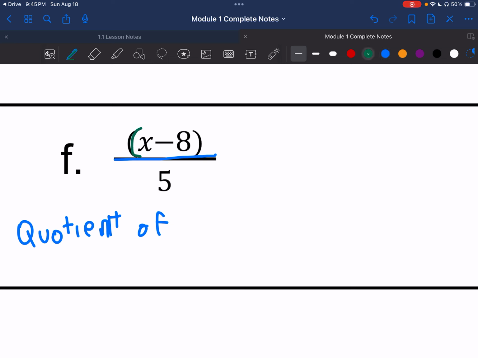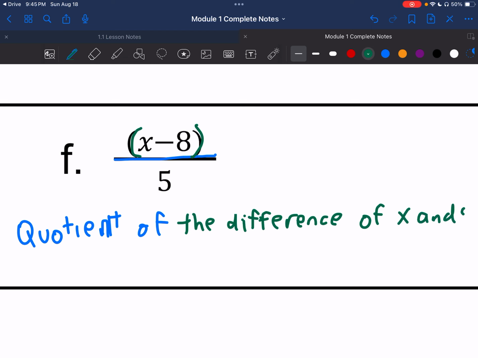We've got parentheses, the difference, so we have the quotient of the difference of x and 8, and we go back to finishing the quotient and 5, right?